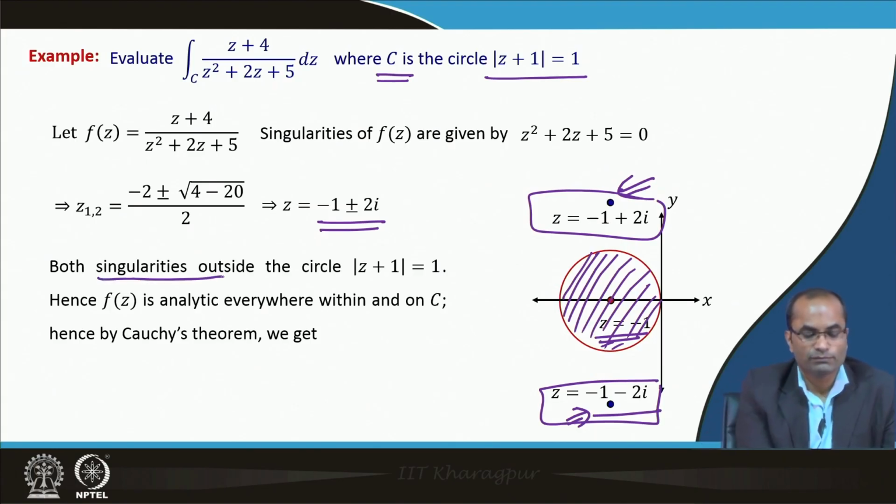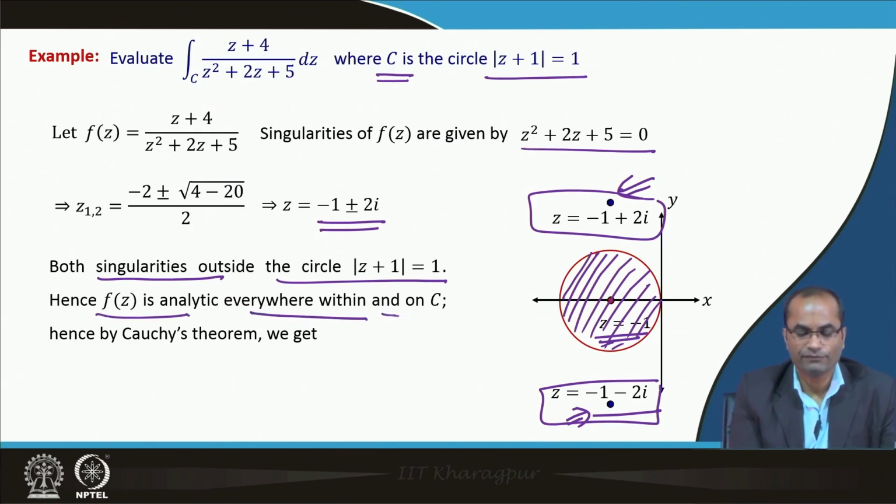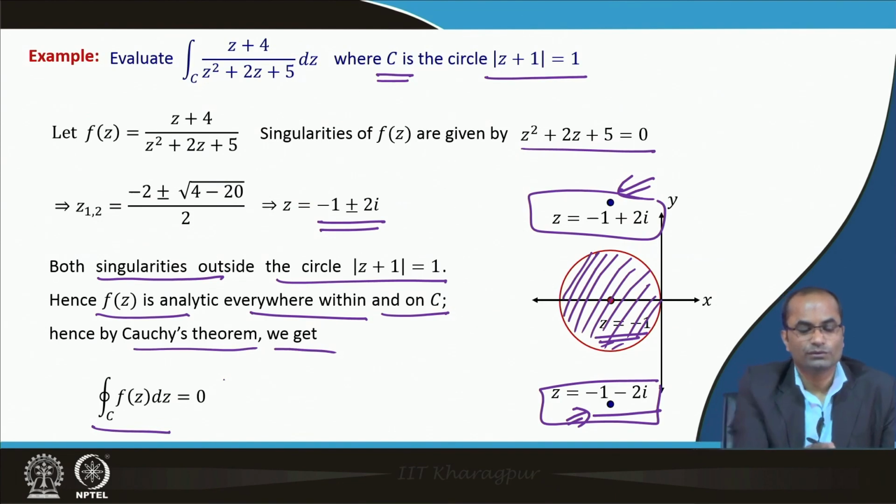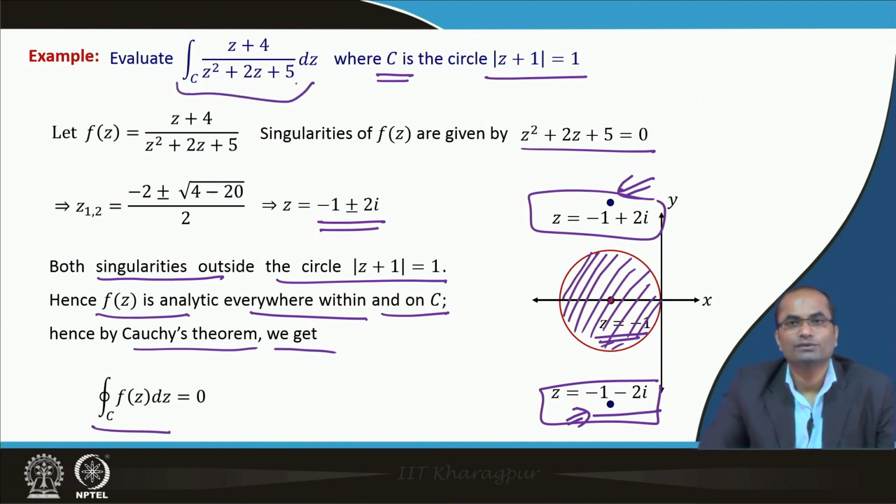Both the singularities, as we call these points, will be discussed more in detail later, outside this circle. Hence, f z is analytic everywhere within and on C. So, by the Cauchy theorem, this integral has to be 0. So, the given integral has value 0, which we have easily concluded just by the Cauchy theorem, and there will be many more examples which we will see later on.